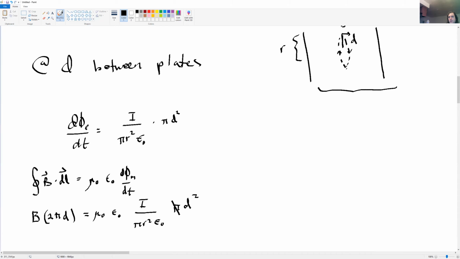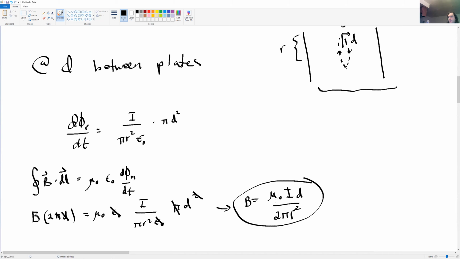Cancel, cancel, cancel, cancel a power of d. What we end up with is B equals mu 0 I d over 2 pi r squared. Is that correct? Yeah, that's correct.